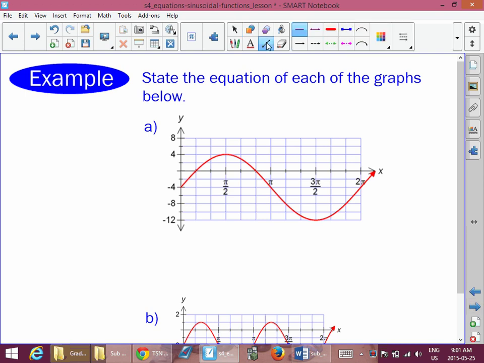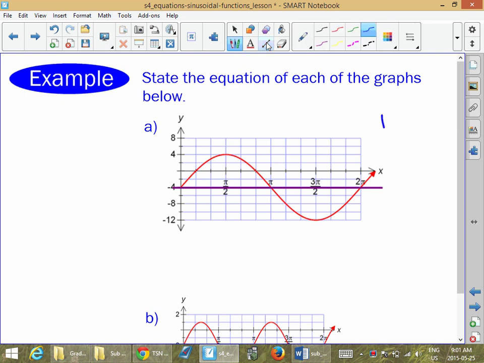So what I'm going to do here is I'm going to consider this line. Because this purple line that I've drawn is the vertical middle of the graph. And that tells me right there that d equals -4.